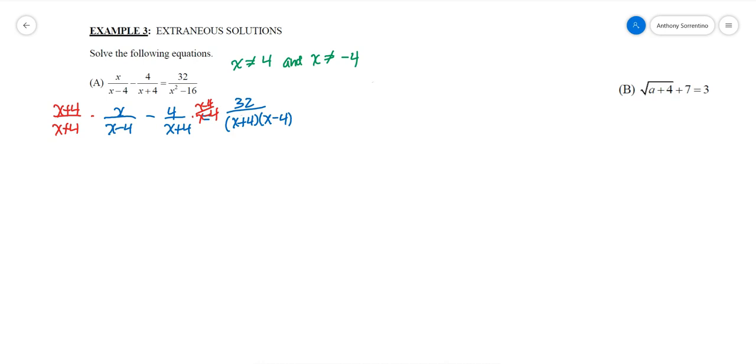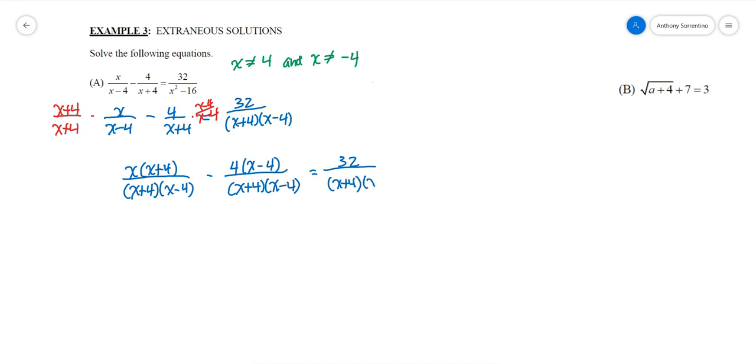And so the left-hand side is going to become x times x plus 4 over x plus 4 times x minus 4, minus 4 times x minus 4 over x plus 4 times x minus 4, which equals 32 over x plus 4 times x minus 4.